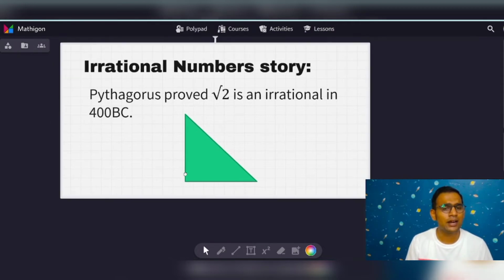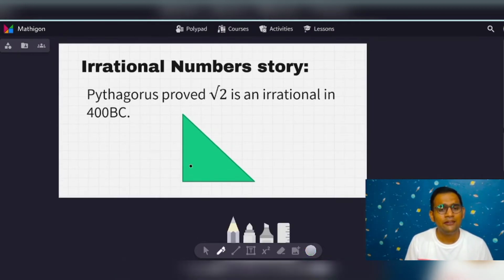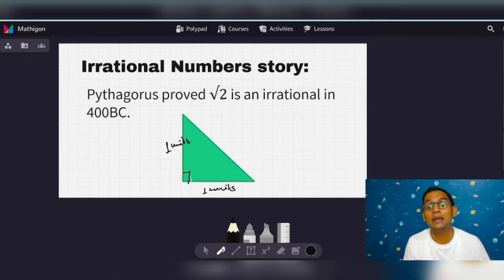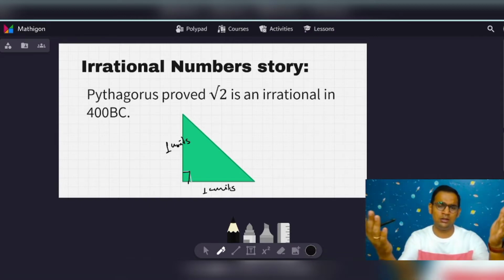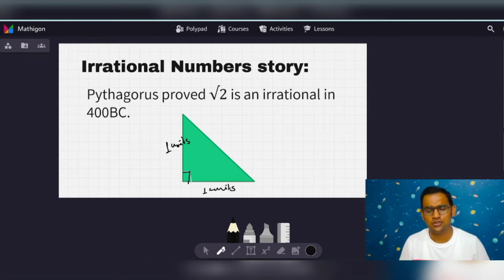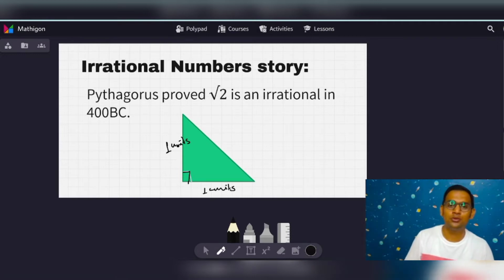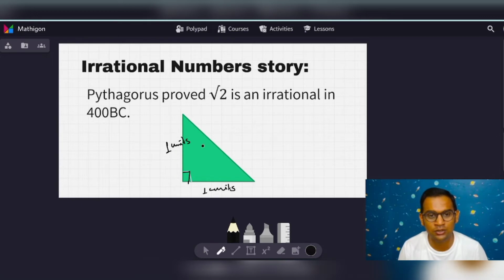When he was working with right triangles, he found that if we have an isosceles right-angled triangle whose two sides are 1 unit and 1 unit, the hypotenuse cannot be measured with any kind of instrument. We generally measure length with a ruler or inch tape, but when one side is 1 unit and the other side is also 1 unit, the hypotenuse cannot be measured.